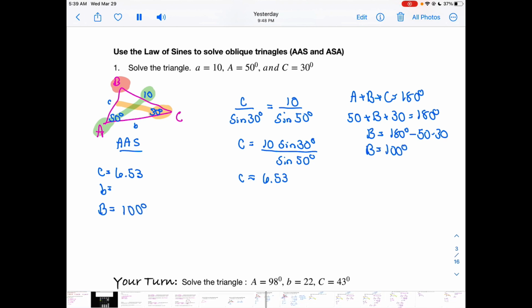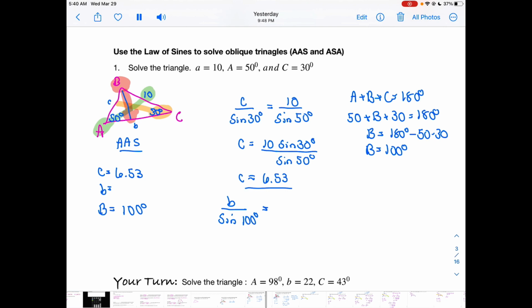Then to solve for side B, now that I have half of a ratio, I can do law of sines again. And I want to solve for little b, so I'm going to put b on top, over sine of B, which is 100 degrees, is equal to, now I could use the ratio of the c's, but I rounded it here, so I don't want to use that because I'll have a compounding rounding error.